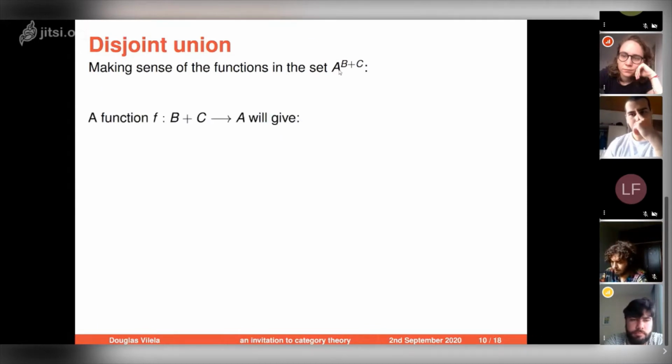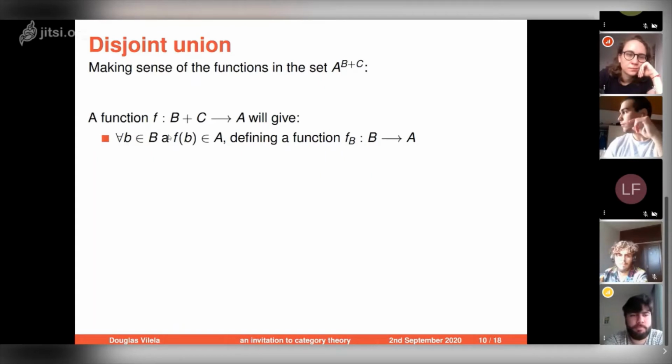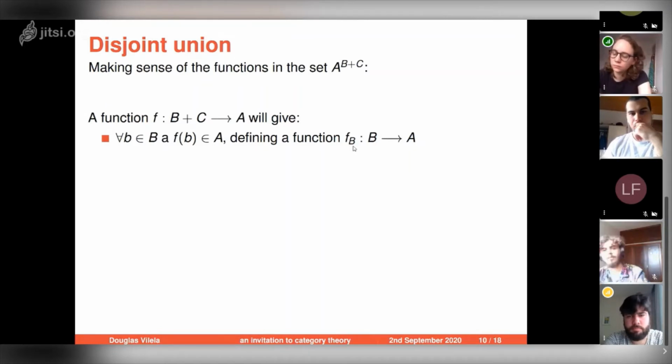So thinking of a function from the disjoint union of B and C to A, we'll notice that for every little b in the set B that is contained in this union, we'll have an f of b in A, such that we construct a smaller function from B to A that takes every element b and sends it to f of b, this f in this case.